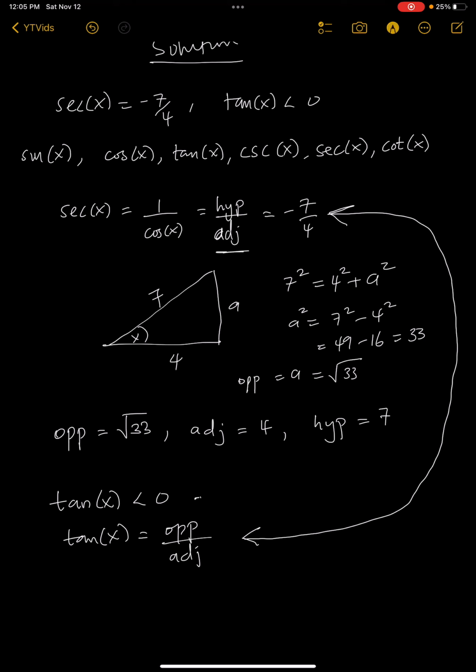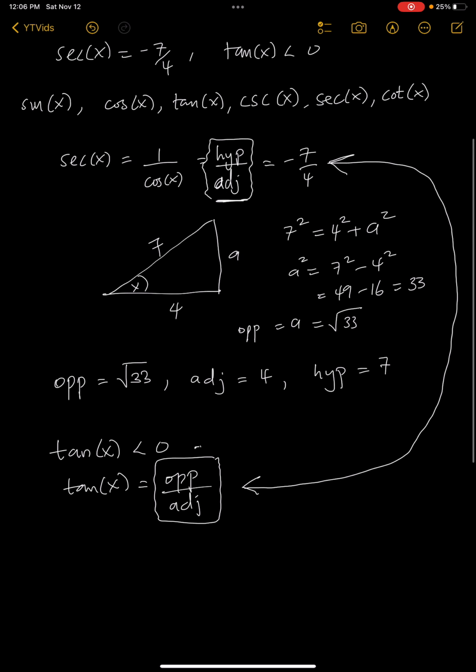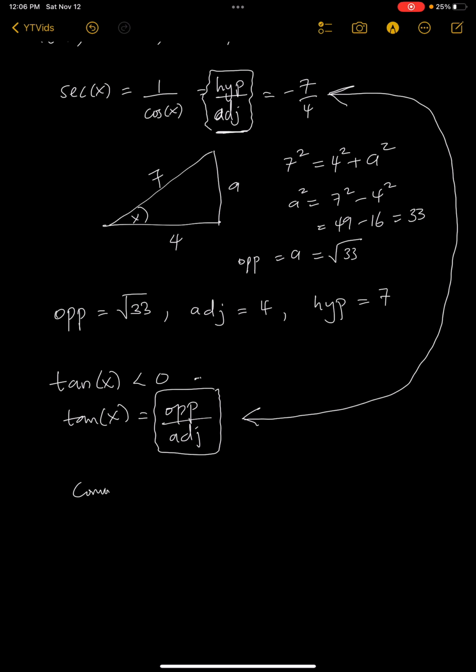Secant is hypotenuse over the adjacent, and tangent is opposite over the adjacent. Now look for the side that's common to both: it's the adjacent. So it's the adjacent side that's causing tangent of x to be negative and secant of x also to be negative. That tells us our adjacent is not just 4 but negative 4.